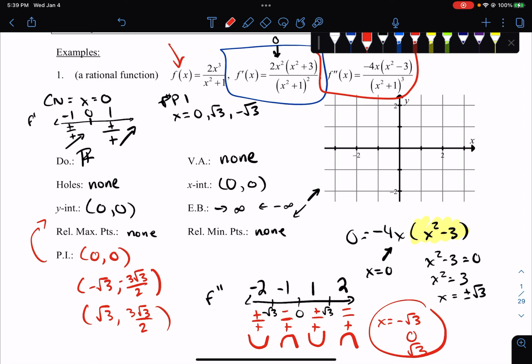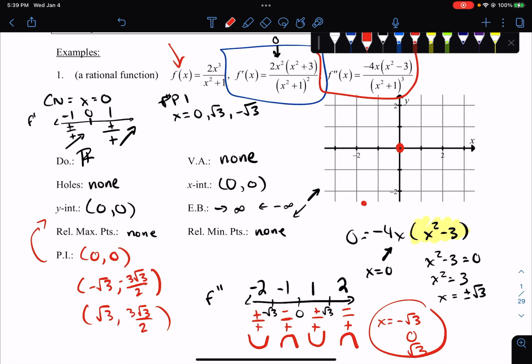Now that I have all this information, I want to graph. I want to take this information and use it to help me draw this function. So I start with my points. 0, 0 is a point. I also know negative root 3, which is smaller than negative 2, and then negative 3 root 3 over 2 is going to be down here further than negative 2, so we'll just put it right about here somewhere.